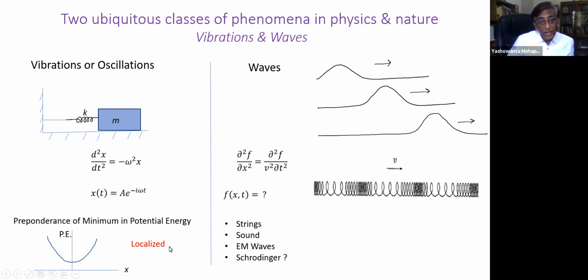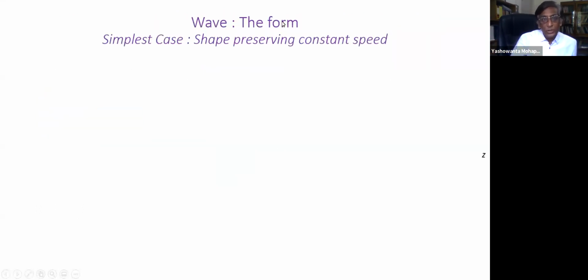So they're related, but they're very distinct, because vibrations or oscillations are localized in space, whereas the essential nature of waves is that the disturbance is carried across space, so it is non-local. That is the difference.